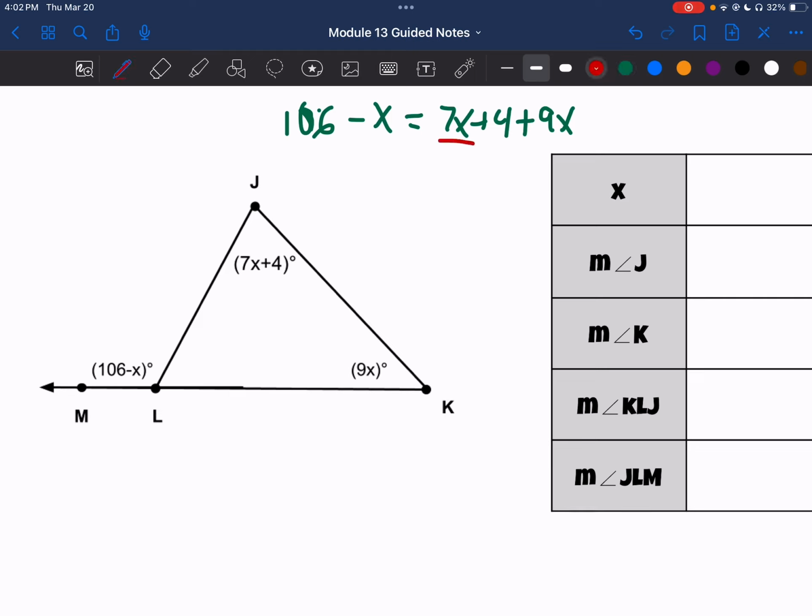We're going to combine like terms on the right. 106 minus x equals 7x plus 9x is 16x plus 4. Okay, we're going to subtract 4 from both sides.